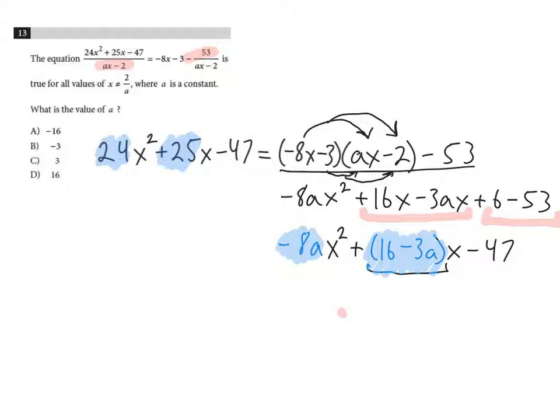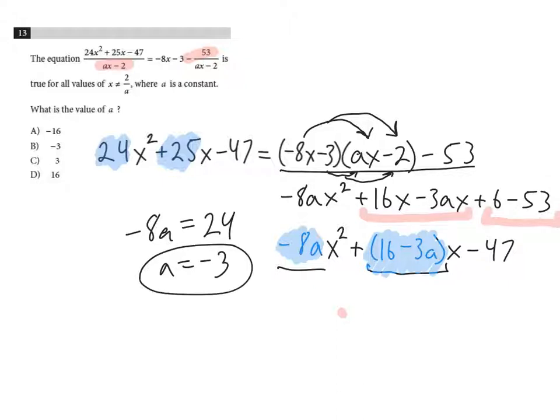Okay, well, I think it's probably easiest to look at the first coefficient. We have negative 8a equals 24. Divide by negative 8, we get a equals negative 3. B is our answer.